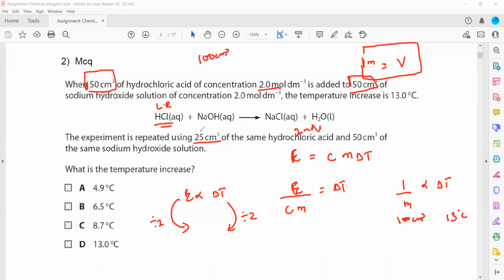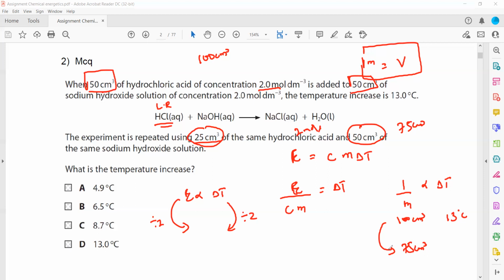But now we used 25 cm cube of hydrochloric acid and 50 cm cube of sodium hydroxide, so the volume is now 75 cm cube. How much is the temperature change due to the change in volume? They are inversely proportional. When two quantities are inversely proportional, if one is multiplied, the other should be divided.